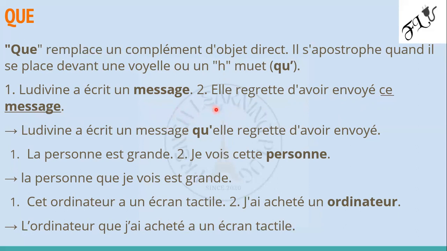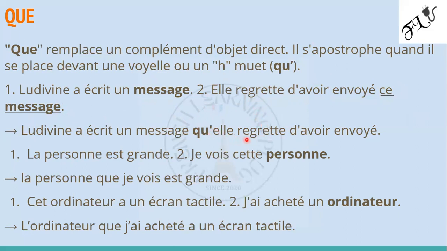COD. So now, to avoid this kind of repetition, what's going to happen? We have to bring in the relative pronoun que to help us remove one of the words message. So Ludivine a écrit un message. This que here is ce message. Now it comes in front of the subject of the sentence.